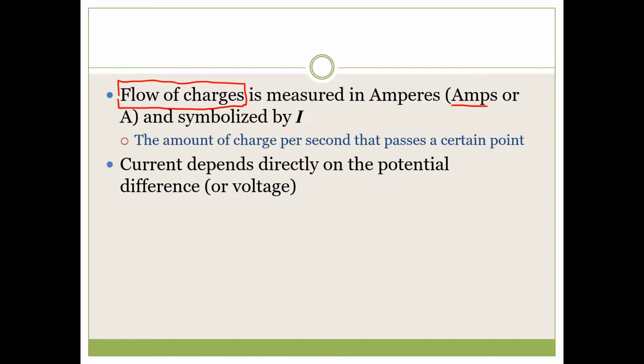It's handy to think of it as a flow because charges in a current move very similarly to how water moves through a hose. And we'll probably use that analogy later on. The symbol for current in electricity is I, and the amp, by definition, is charge per second. So current is charge per second that passes through a certain point.